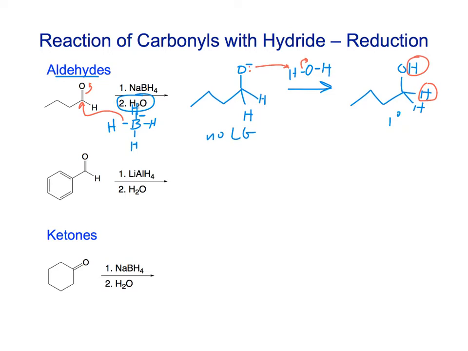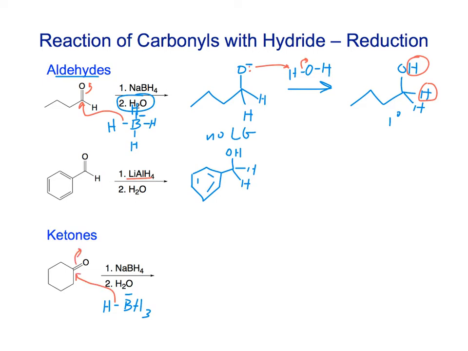All right, so we can do the same thing with lithium aluminum hydride. The reaction works just the same. We started with an aldehyde, so again, we get a primary alcohol. If we do the reaction with a ketone, what are we going to get then? It's going to attack here.